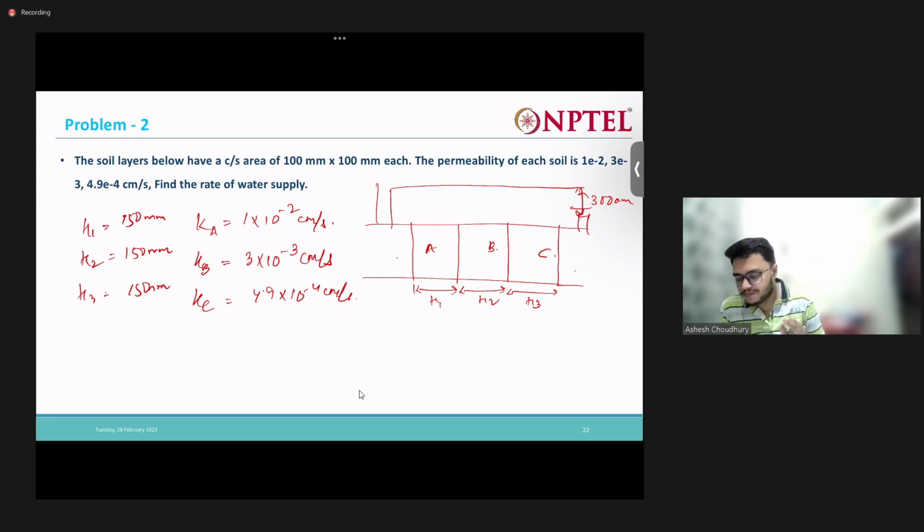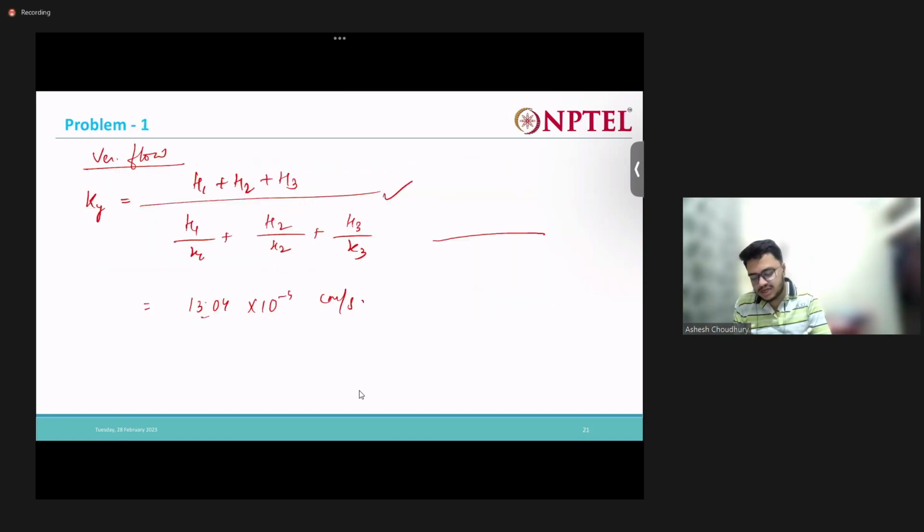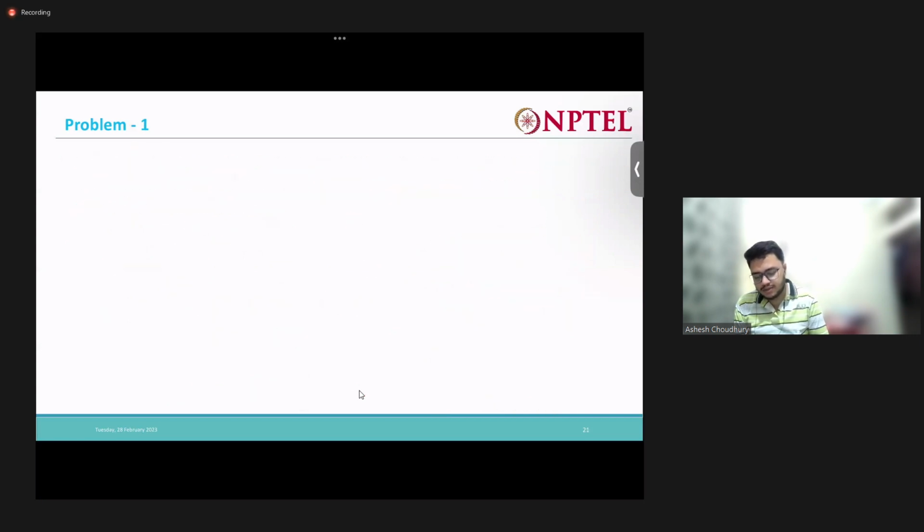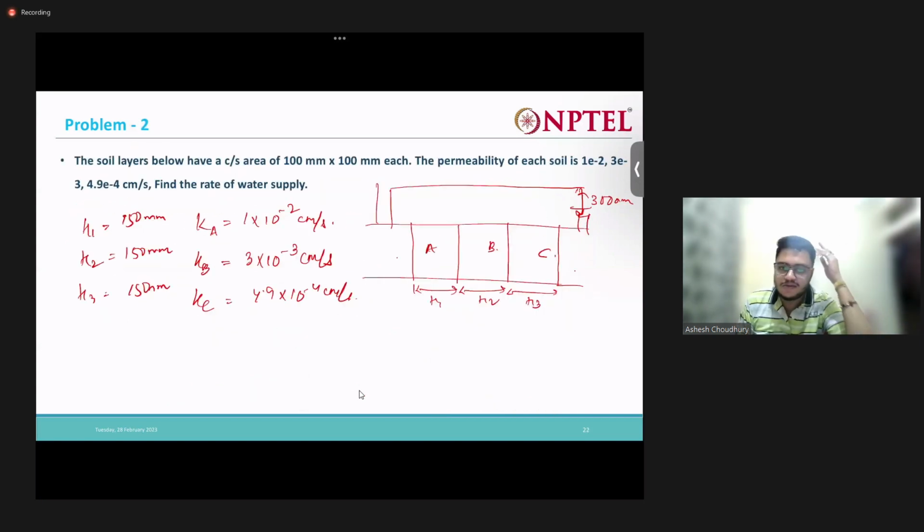So now can we find out the equivalent hydraulic conductivity? Tell me which relation we should use: the horizontal flow relation or the vertical flow relation? Horizontal flow. Why horizontal? Because the layers are in line.